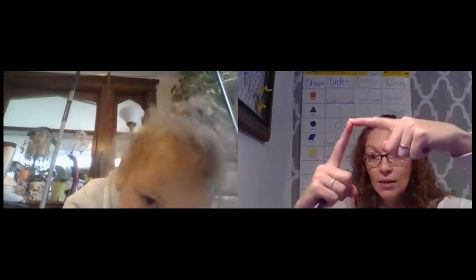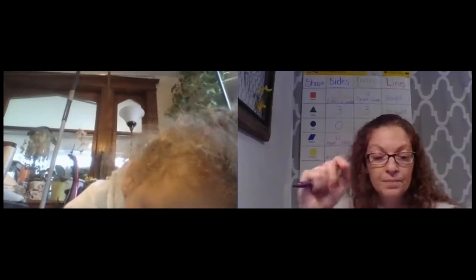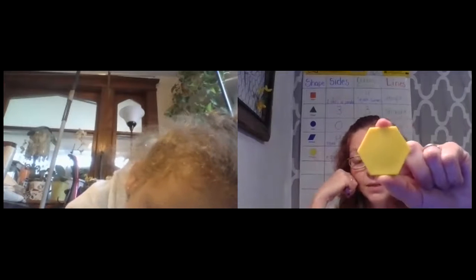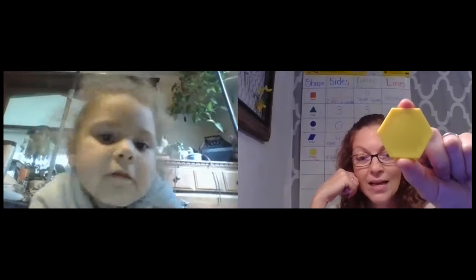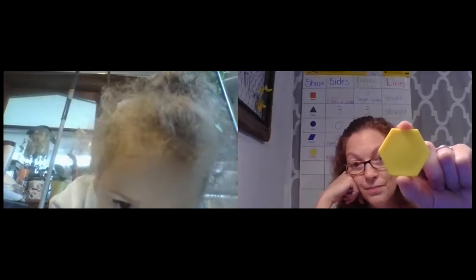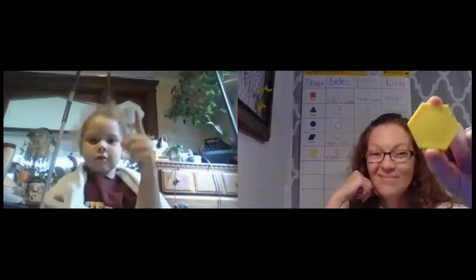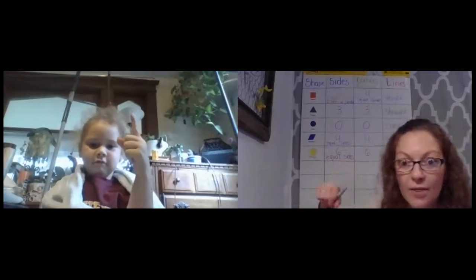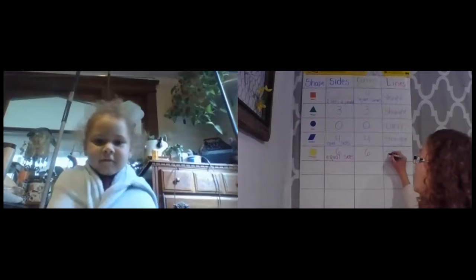Yes, because the sides have to meet. When the sides meet, they make a corner. All right. Are these sides curvy or straight? You got it. They are straight. Another 2D shape with straight sides.